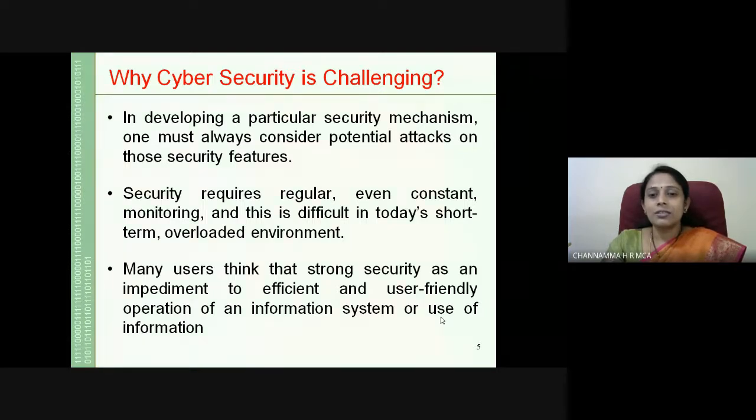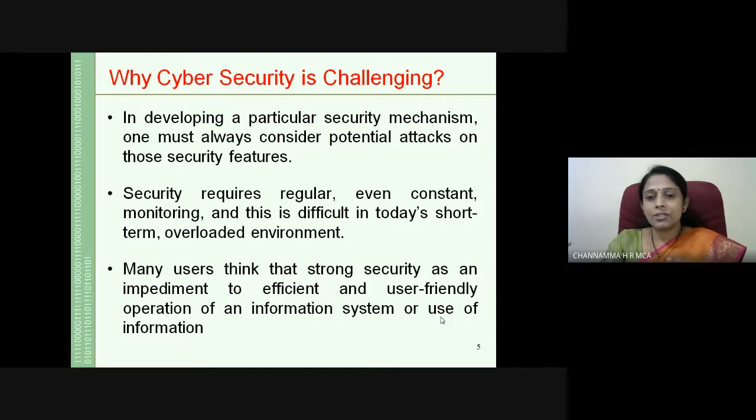When we insert a new pen drive and have antivirus software installed, it will scan and give a report. We should wait until it scans the whole pen drive. If the user does not have that patience and skips that step, then he will be under threat. That is another way we can be protected.